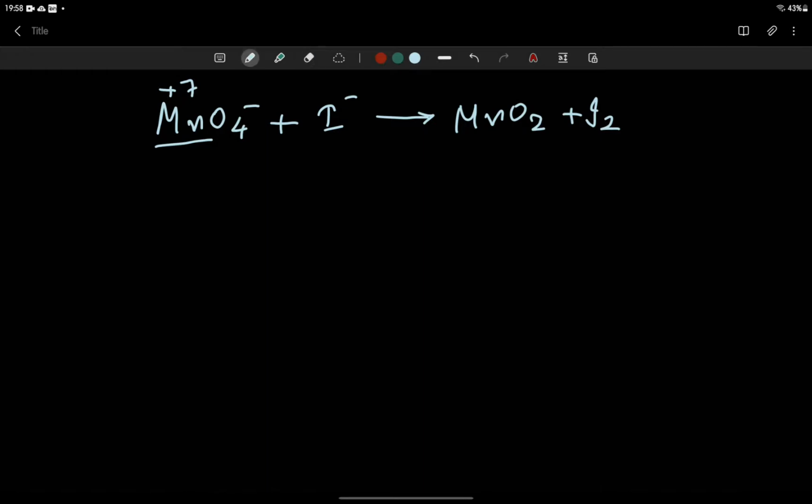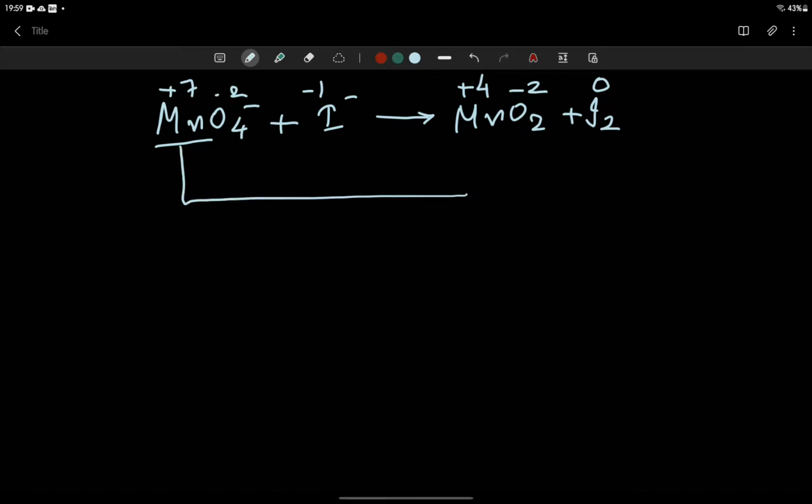Now the oxidation number of oxygen is -2. We always write the oxidation number of one element only, if many elements are there. So here it is -1, in this case it is +4, again it is -2, and here it is 0. After this, we have to see which element is getting oxidized and which one is getting reduced.